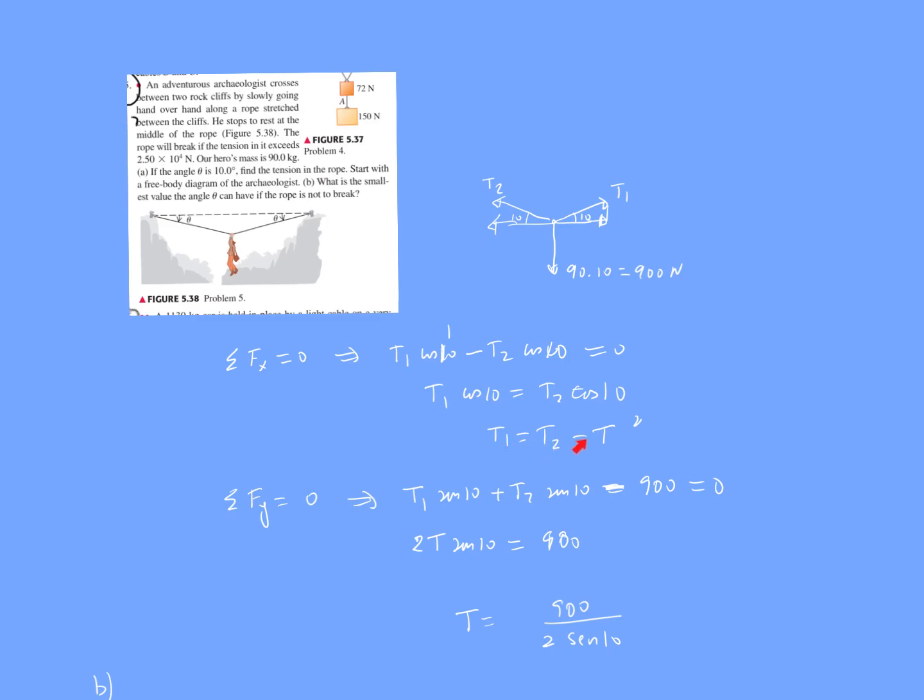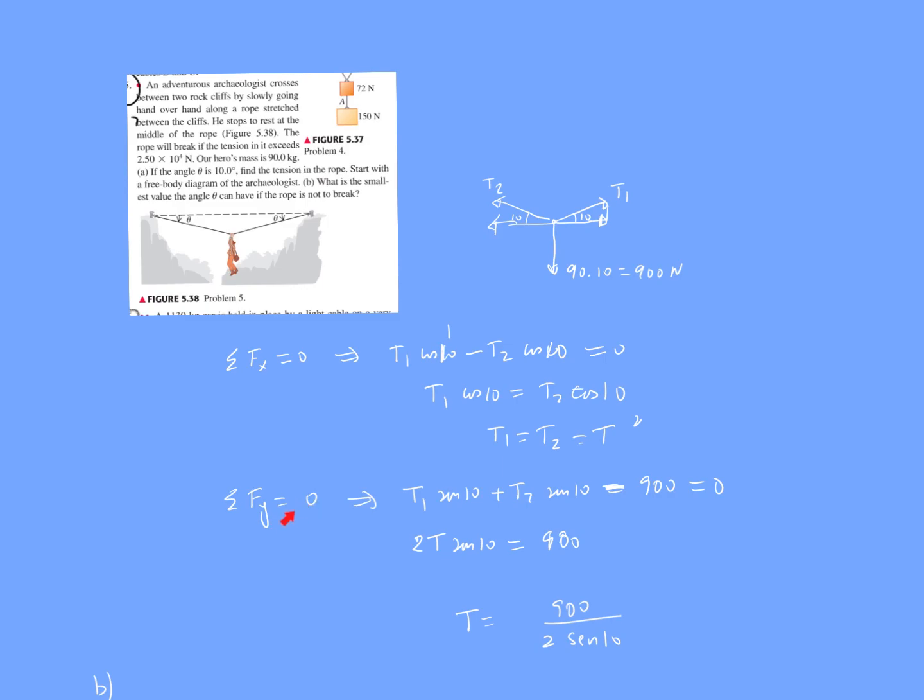So we will use this fact for the sum of all the forces in the y direction. The sum of the forces in the y direction is 0 because there is no acceleration in the y direction. This is mass times acceleration, but the acceleration is 0. The mass of the object is 90 kilograms, it's not 0, but the acceleration is 0.